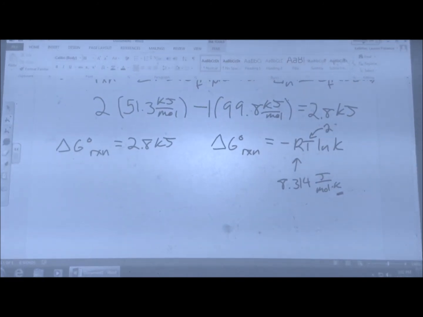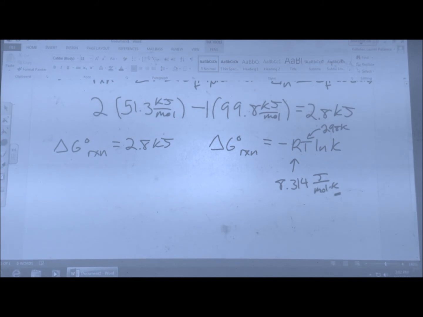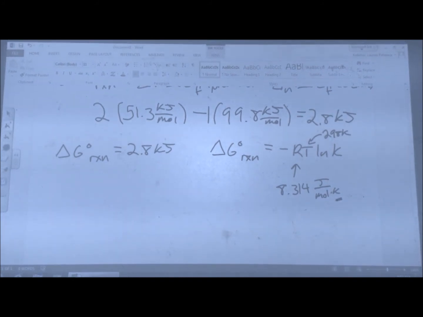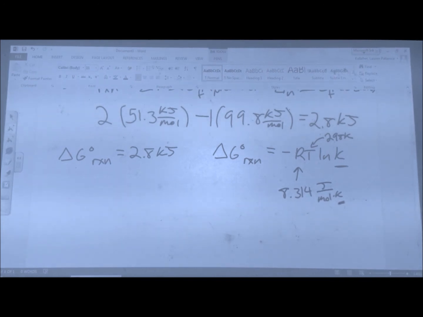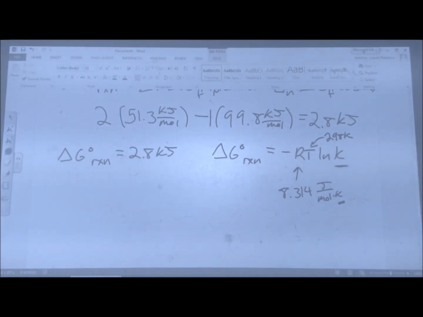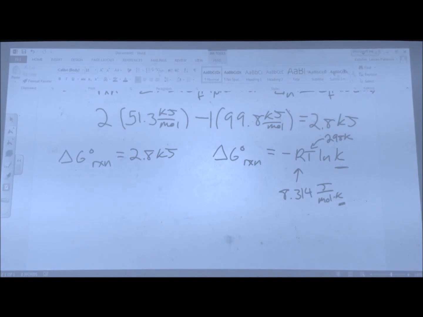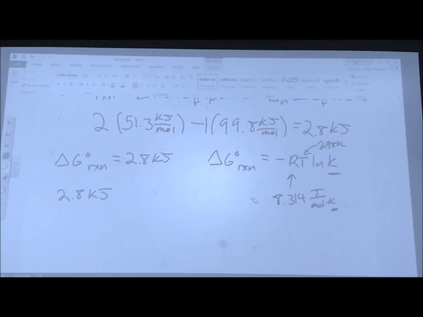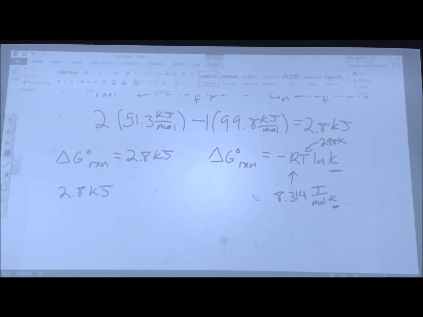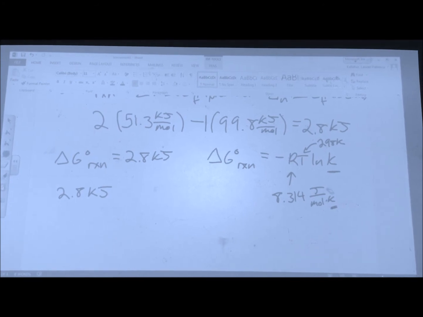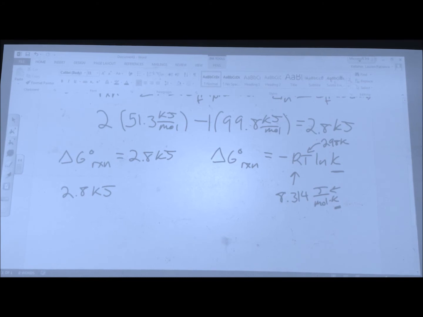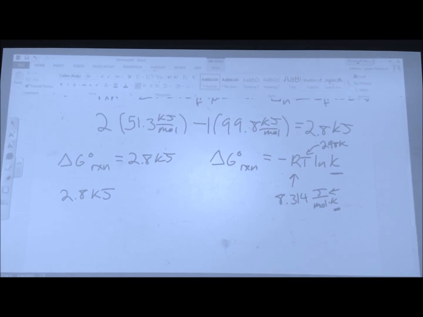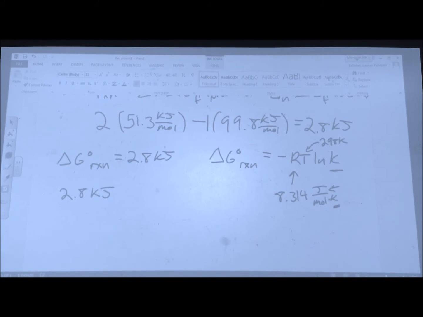So 298 K. Now we're trying to calculate the equilibrium constant, which is K. So all we have to do is solve for K because we have all of our constants and numbers that we need for the equation. You also need to notice that our gas constant is written in joules. So in order for us to use this gas constant, we have to convert our kilojoules of delta G reaction at standard conditions to joules.